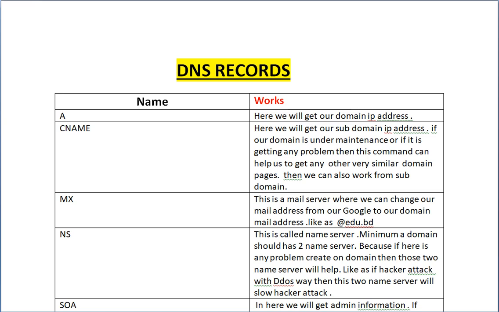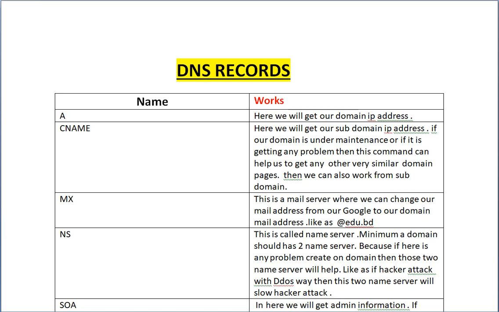Basically, if you want to access a server, you have to write the server name, like facebook.com or google.com. Facebook has its own IP address and Google has its own IP address. It's a little hard for everyone to remember every IP address.